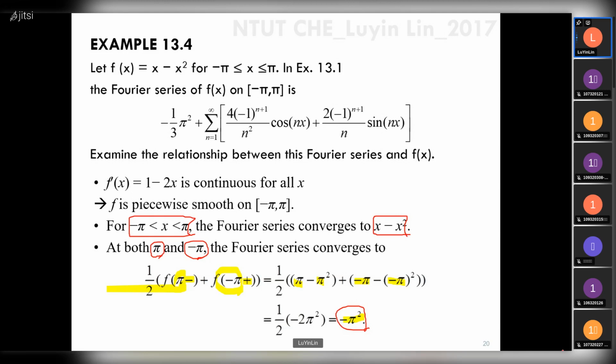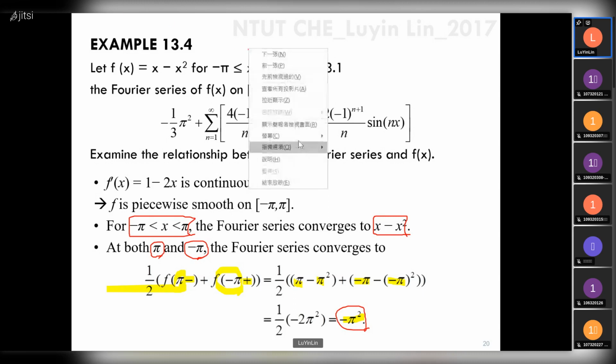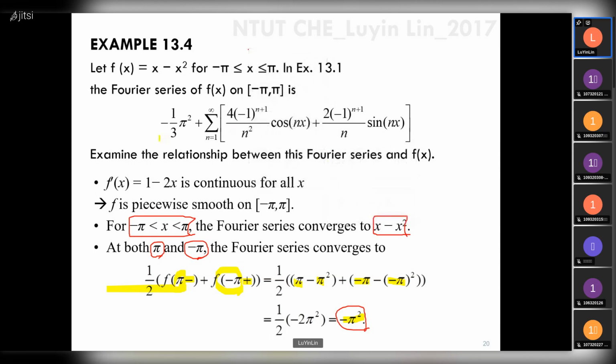So for example, the question may be: find the Fourier series and find the convergence. So for a full example, you have to provide a Fourier series like this and provide a convergence like this.